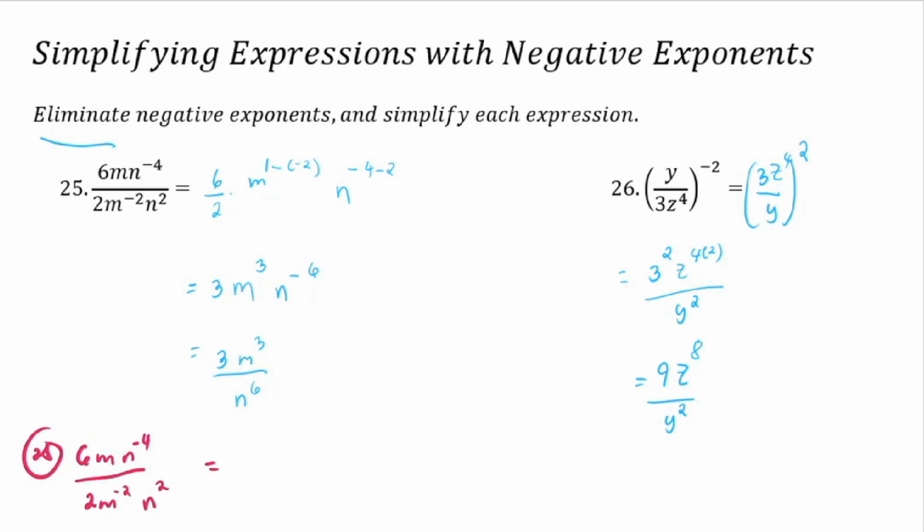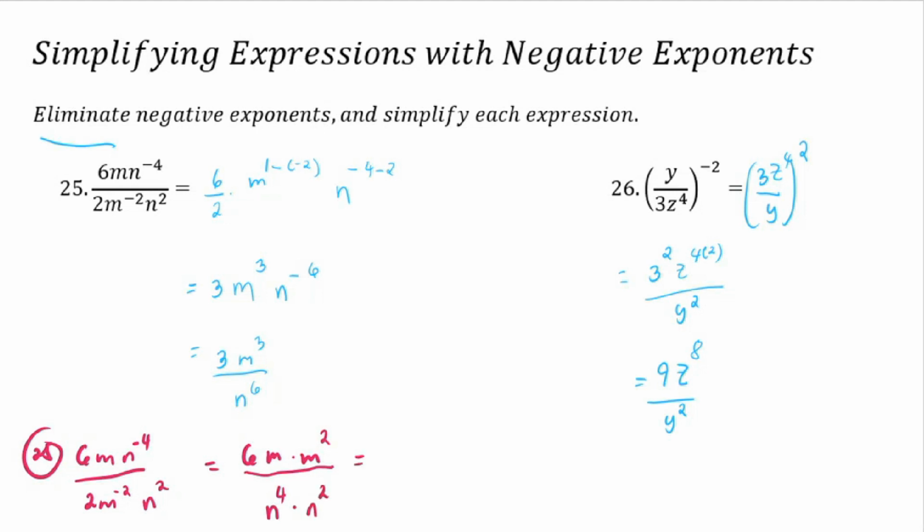So I will write 6m times the m of negative 2 from the denominator. If I'm going to write that one in the numerator, it becomes now m squared. Then we have n of negative 4. To avoid negative 4, I will write it down in the denominator. Then the exponent becomes positive. So I have n to the power of 4 times the other term is n squared.